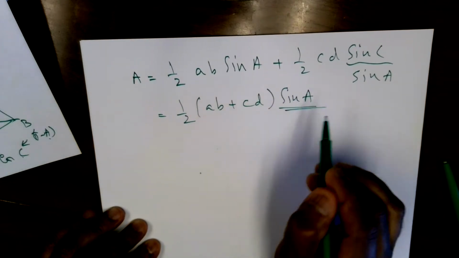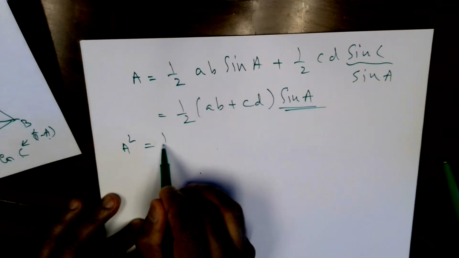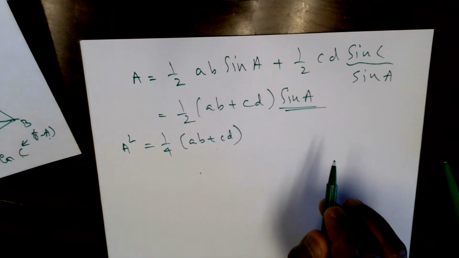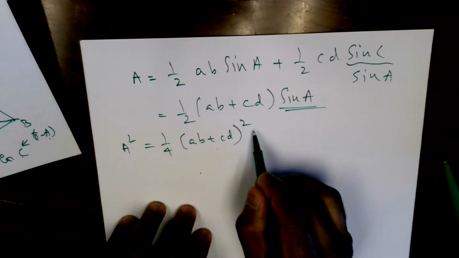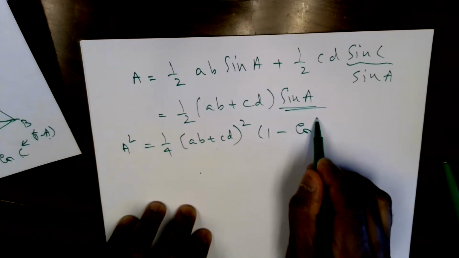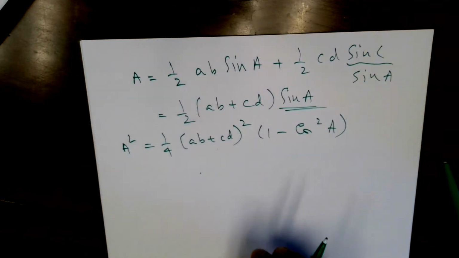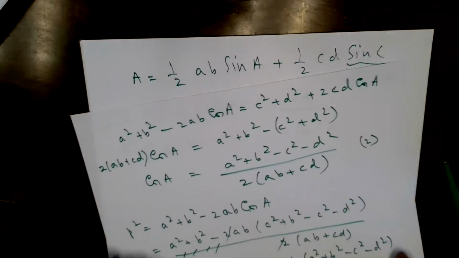You want to eliminate sine A, so I'm going to do A squared. That's 1/4 AB plus CD squared sine squared A, which is 1 minus cos squared A. And for cos A, I am going to substitute from here, from number 2.